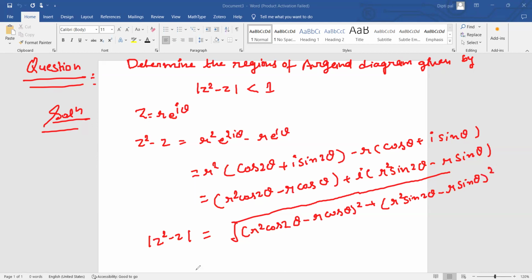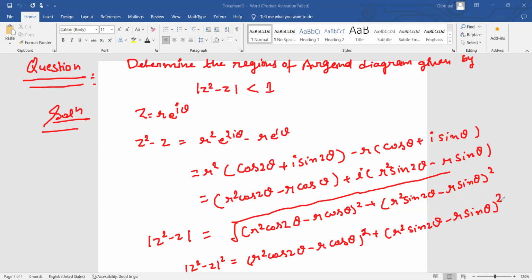Now squaring both sides we get modulus of Z square minus Z whole square equals r square cos 2 theta minus r cos theta whole square plus r square sin 2 theta minus r sin theta whole square.